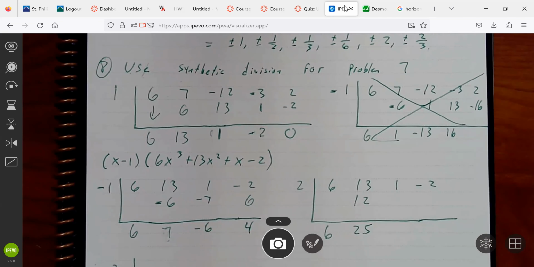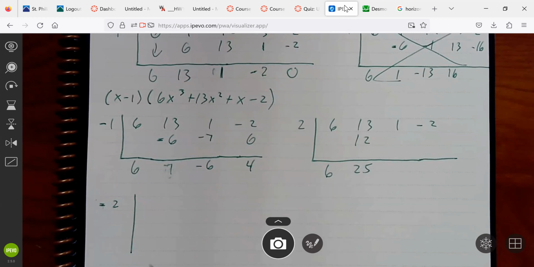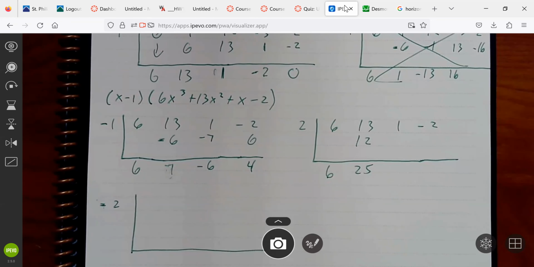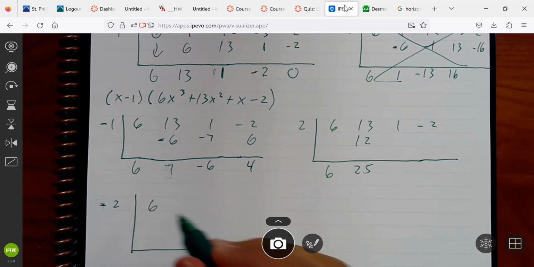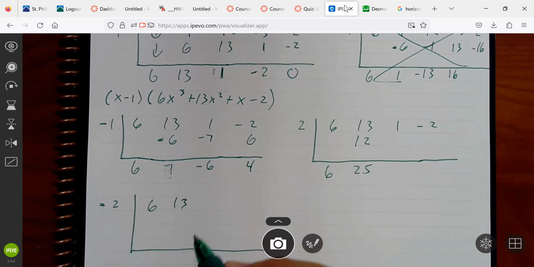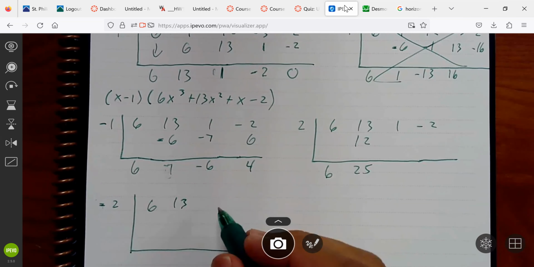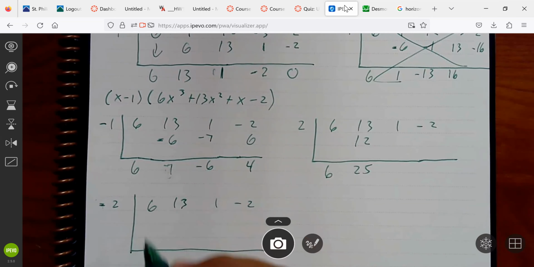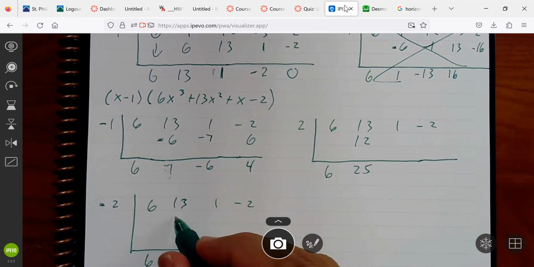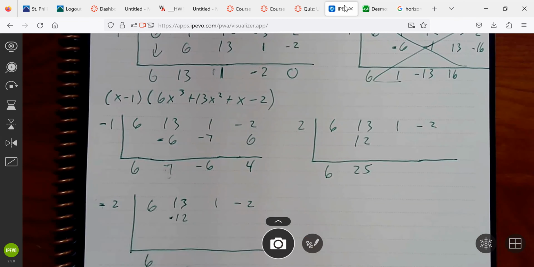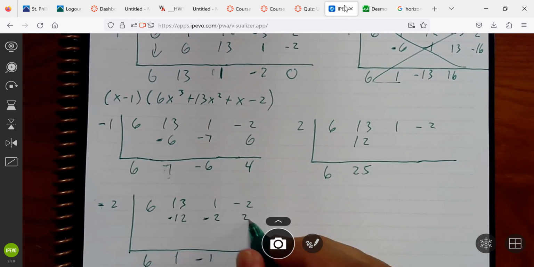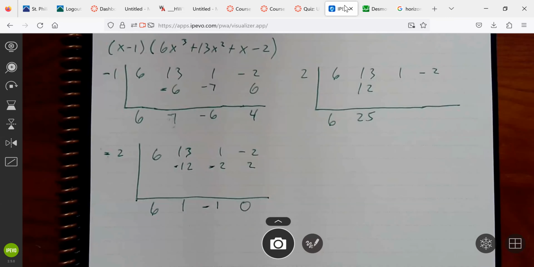Negative 2. Bring down the 6. Negative 2 times that is negative 12. Add that up. It's a 1. Negative 2 times 1 is negative 2. Add that up. It's a negative 1. Negative 2 times that is a positive. Here we go. Cool.